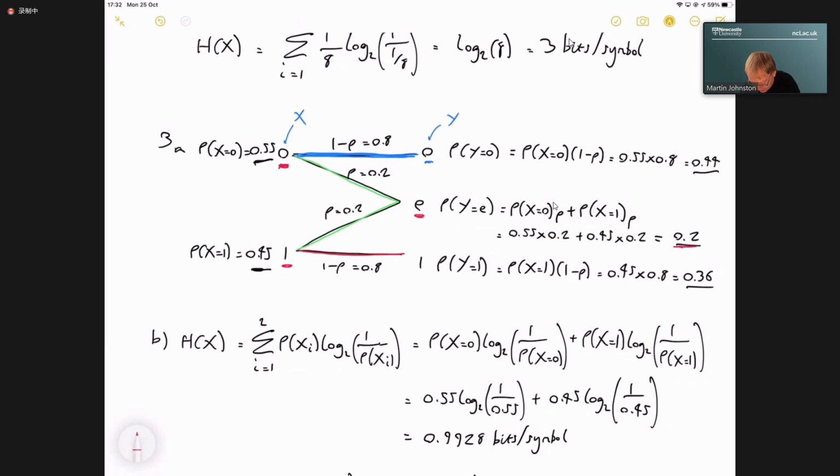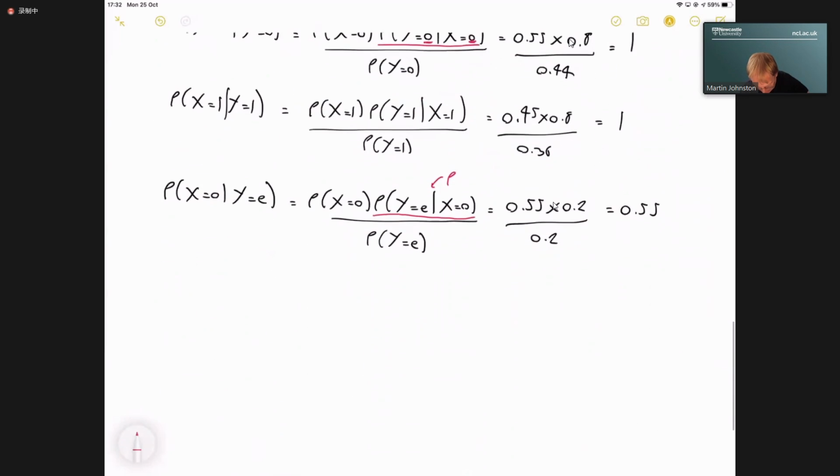So that's why the probability of y being an erasure is equal to 0.2, equal to P, because it doesn't matter what bit you transmit. If you get an erasure, it doesn't matter if it's 0 or 1, it's the same probability. Of course, it's going to be the same here.